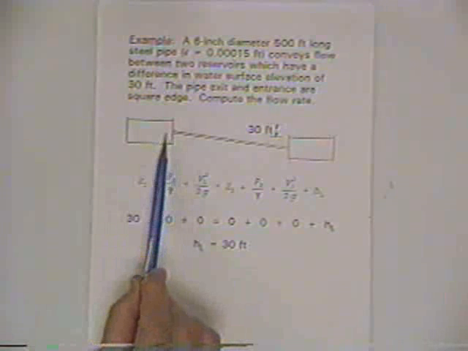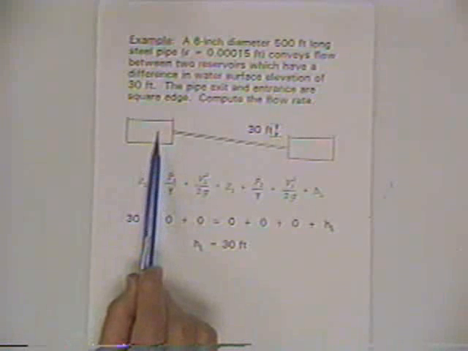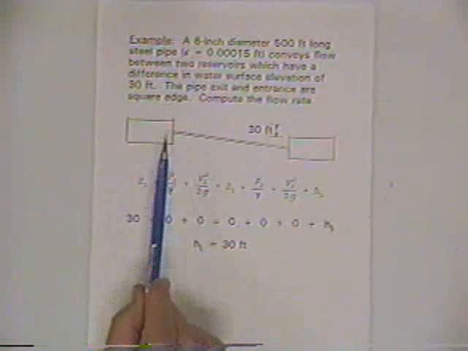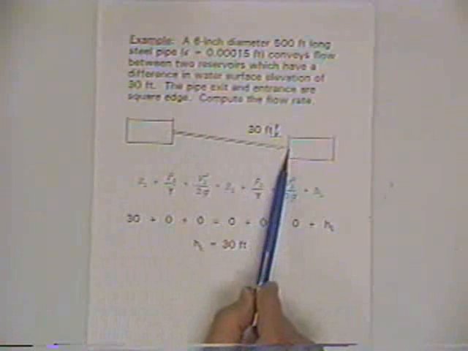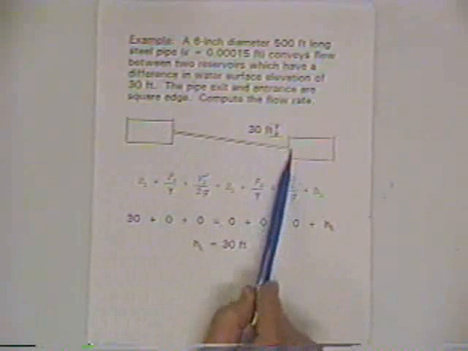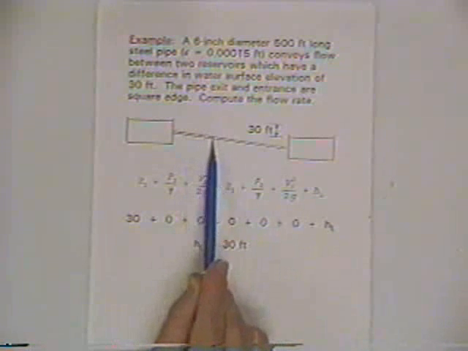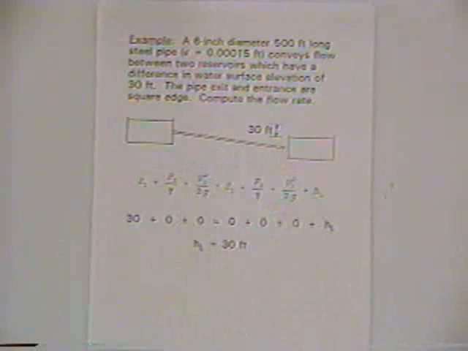But we also have an entrance, because the water goes from the storage tank into the pipe, so there's an additional head loss there. Plus, the water goes from the pipe into this container, and there's an additional head loss there. So that gives us a chance to include in this head loss term the minor losses as well as the frictional losses, in which Darcy-Weisbach tells us how much head loss occurs along the pipe.